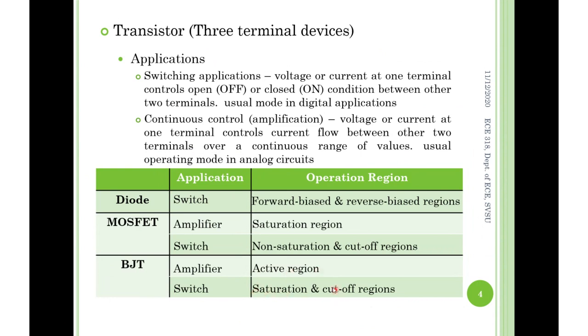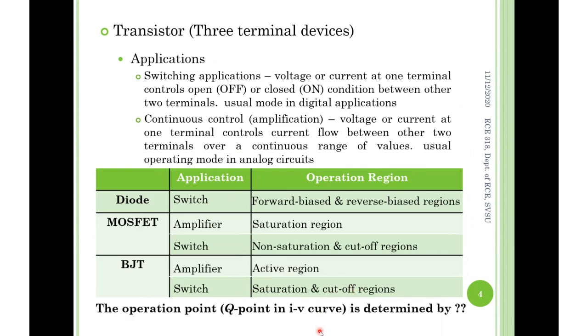And the off state remains as cutoff. This is a little summary here. Once again, be very careful which region it is working at, depending on your DC circuit, how to bias your Q point.